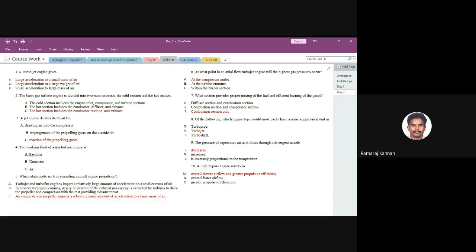Okay. So right now, what we are going to do is take data for a simple turbojet, and we will see how we are going to solve it.